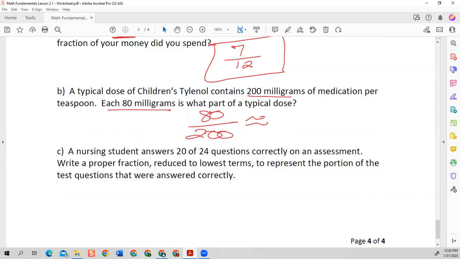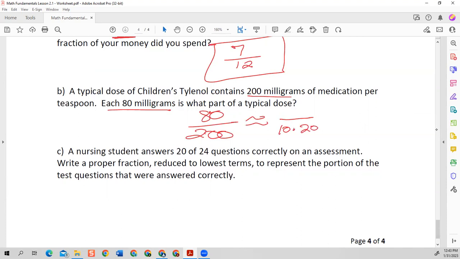So let's do this. It reduces, we know that 80 will and 200 will reduce by, let's say 40. So let's start with 20. 200 reduces by 20 10 times. So I'm going to say 10 times 20.